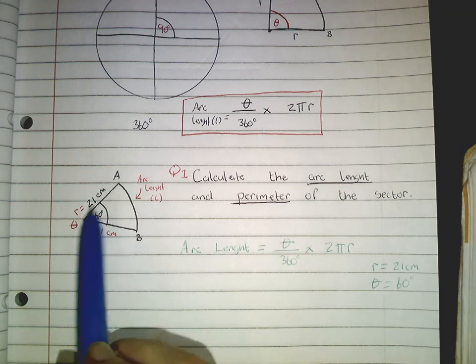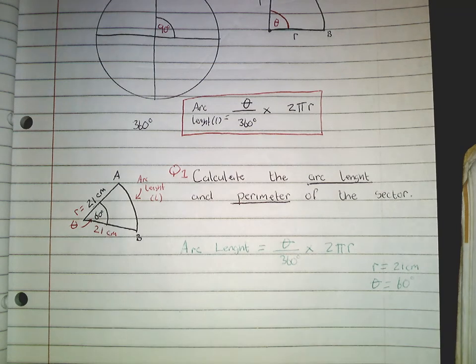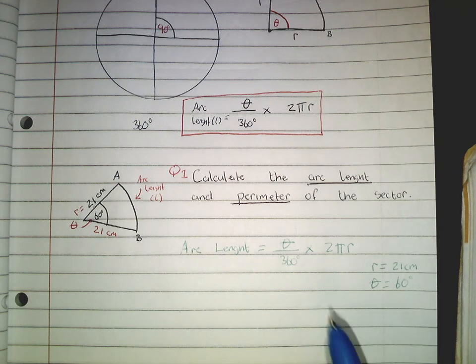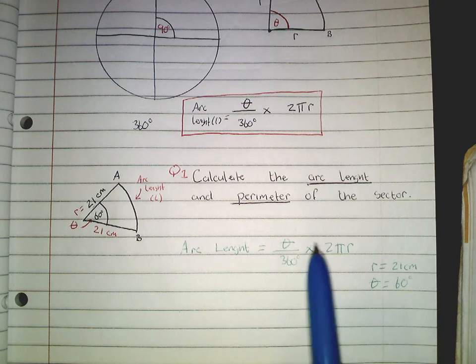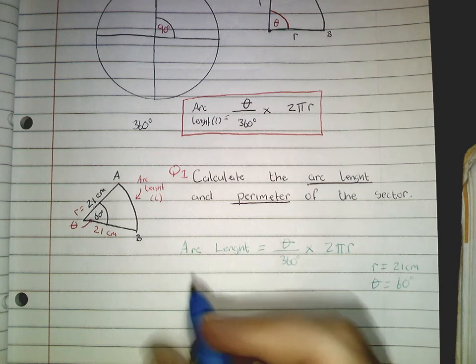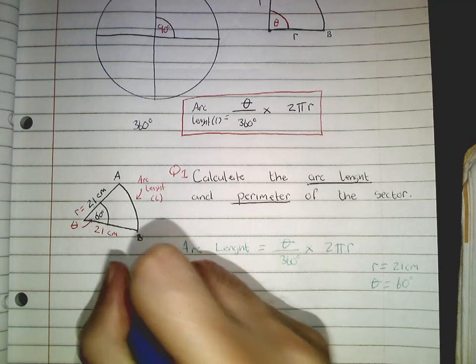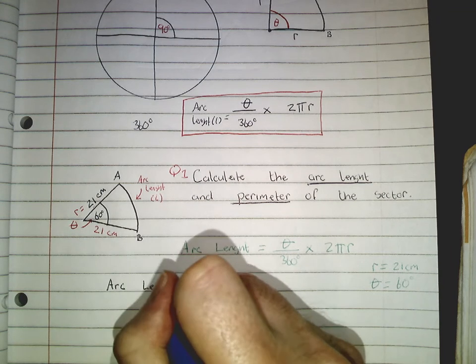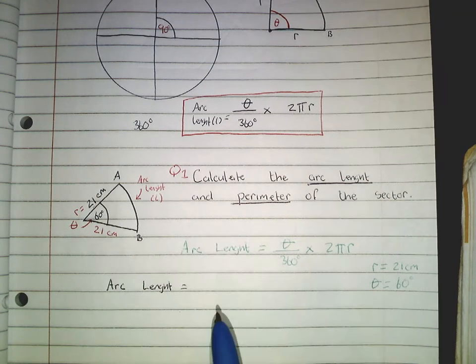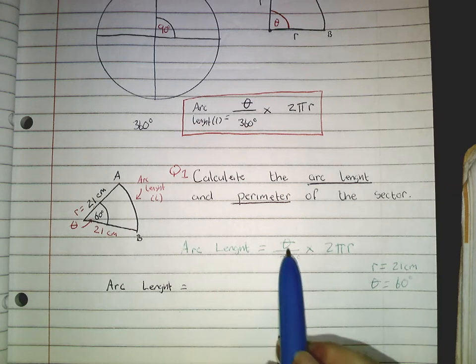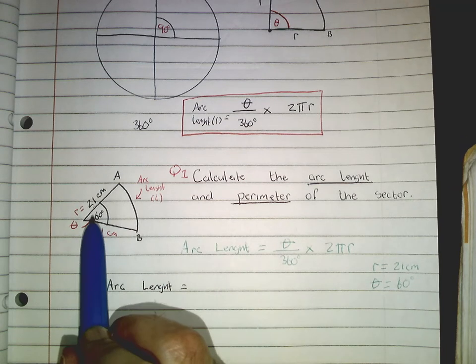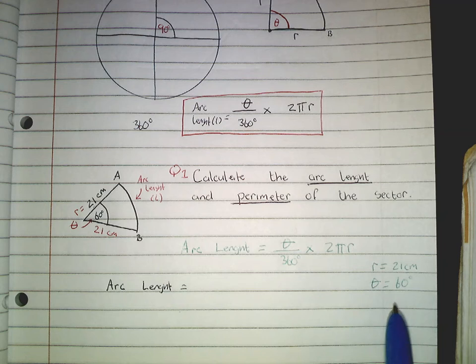So remember, this is like taking a section out of a whole circle. So we want to calculate this. Let's see what that looks like. We take what we have and plug it into this formula. So again, arc length is going to be equal to theta. This here is theta, this angle that's in here, which is 60 degrees.